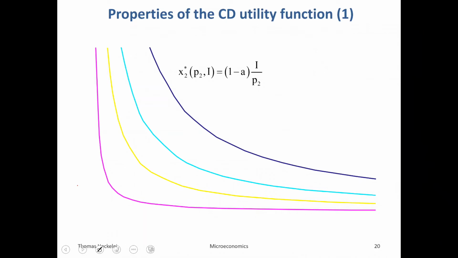Okay. So Cobb-Douglas utility functions is quite an important function that you have to learn in microeconomics. So let's spend some more time talking about some important properties of it.